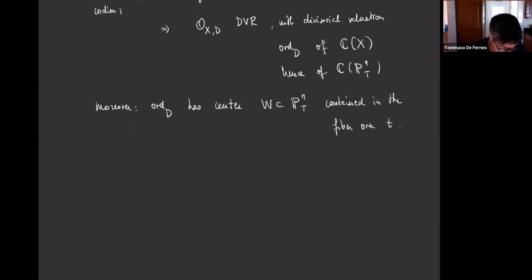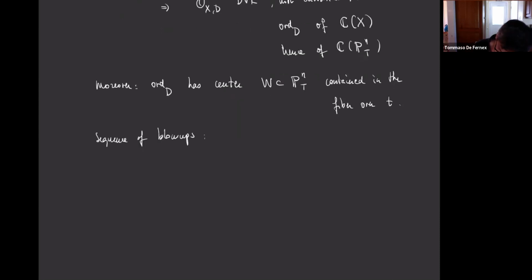Okay. So now what we're going to do is look at a sequence of blowups. So start from this variety, which is smooth.